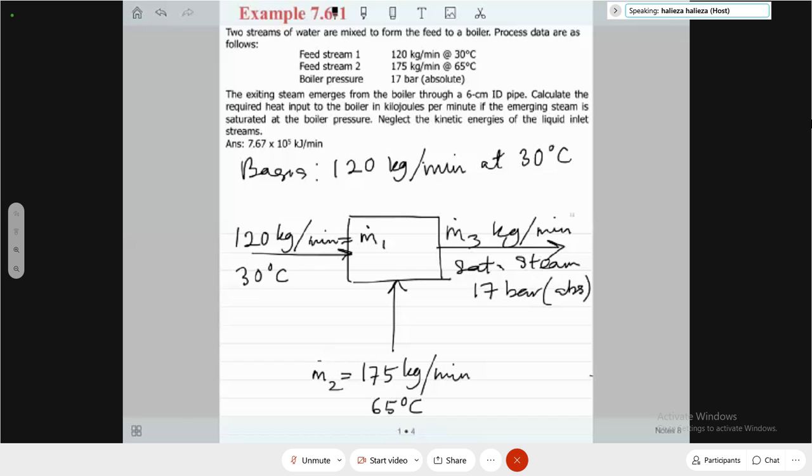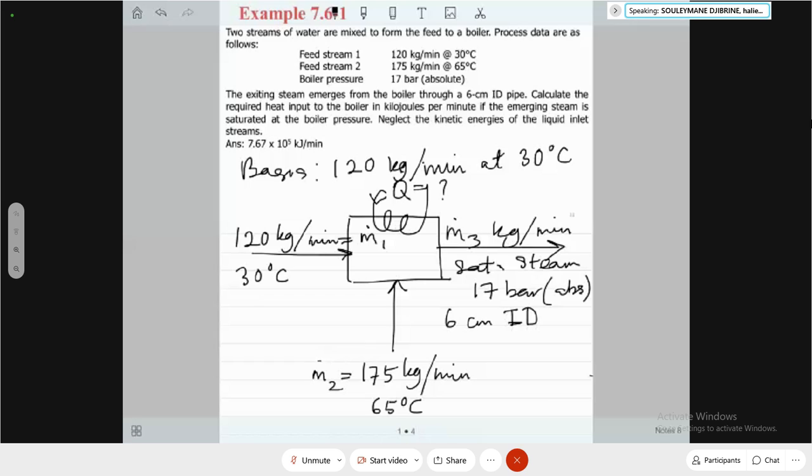That's the only information that we have. Oh yes, I forgot about the 6 centimeter ID, the diameter of your pipe. So we need to calculate Q that is going to be put into the system. What is the Q?